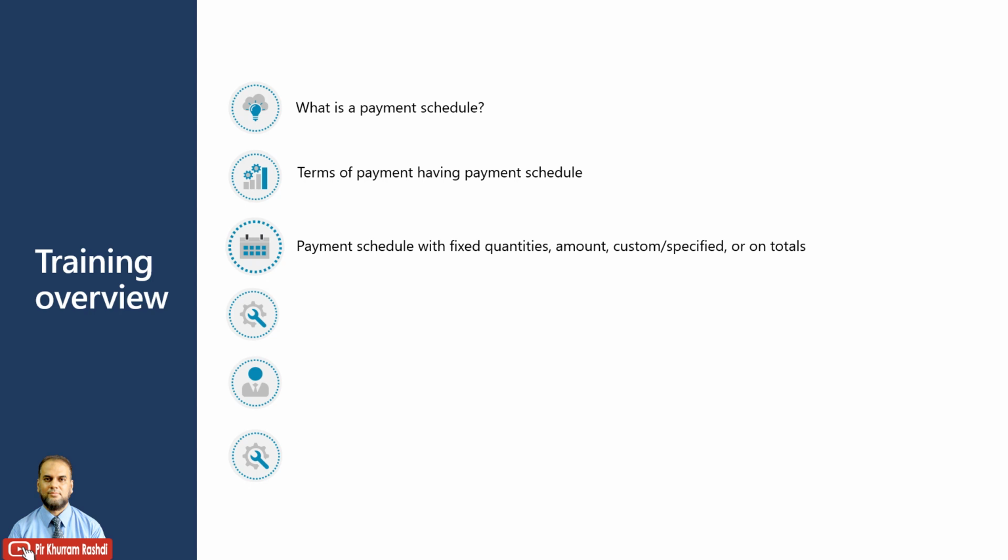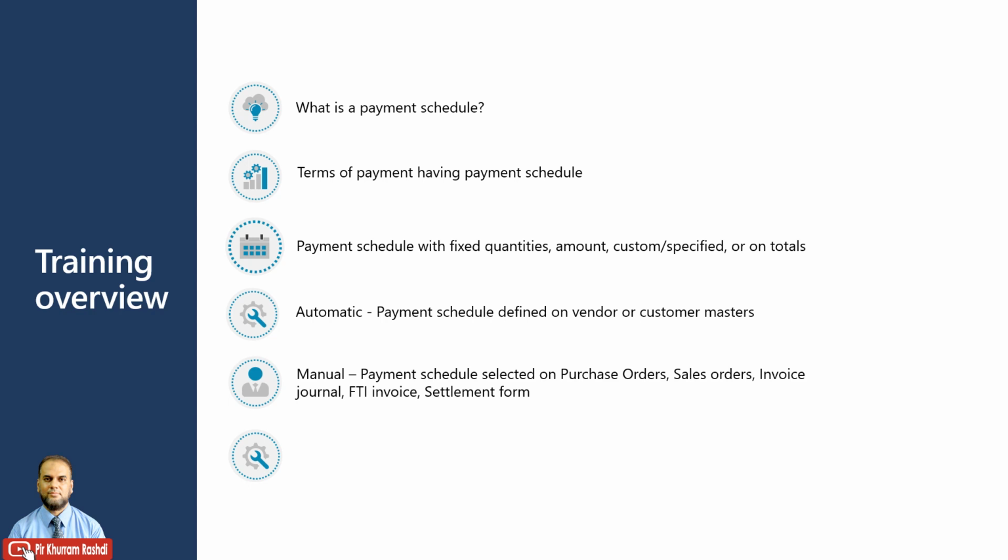So there are different approaches for how you can use payment schedule, and then how you can automatically define payment schedule on vendor or customer master records, so that whenever you create a purchase order from a specific vendor or a sales order from a customer, the values for the payment schedule are defaulted automatically.